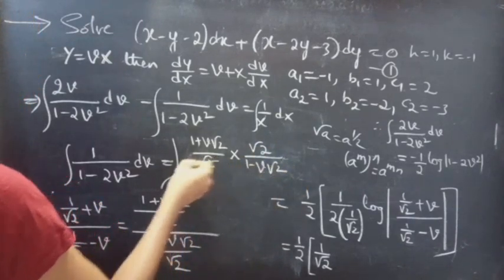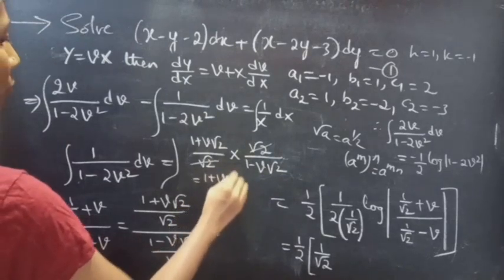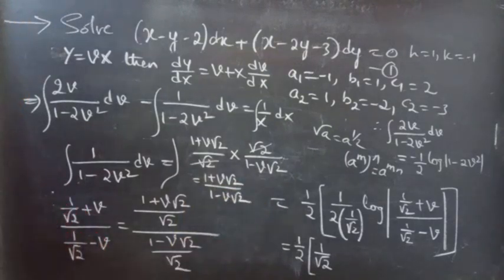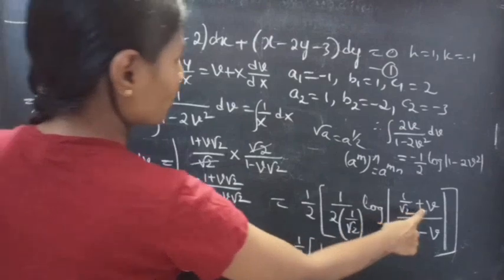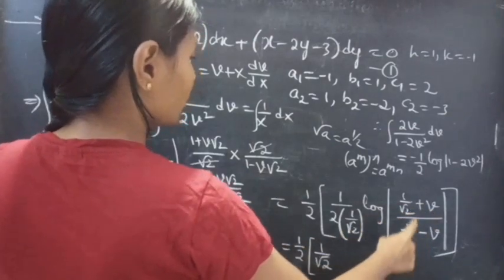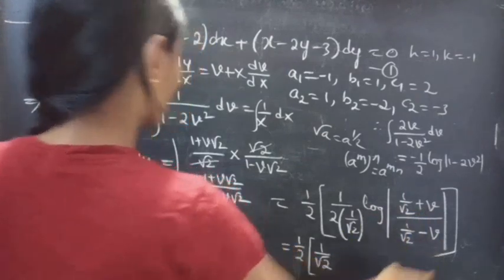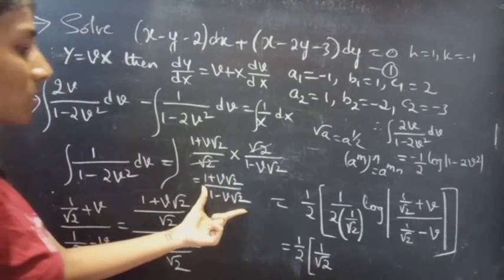So here square root of 2 gets cancelled and you'll get 1 plus v root 2 by 1 minus v root 2. So you can replace this, that is 1 plus square root of 2 plus v by 1 by square root of 2 plus v by 1 by square root of 2 minus v by 1 plus v root 2 by 1 minus v root 2.